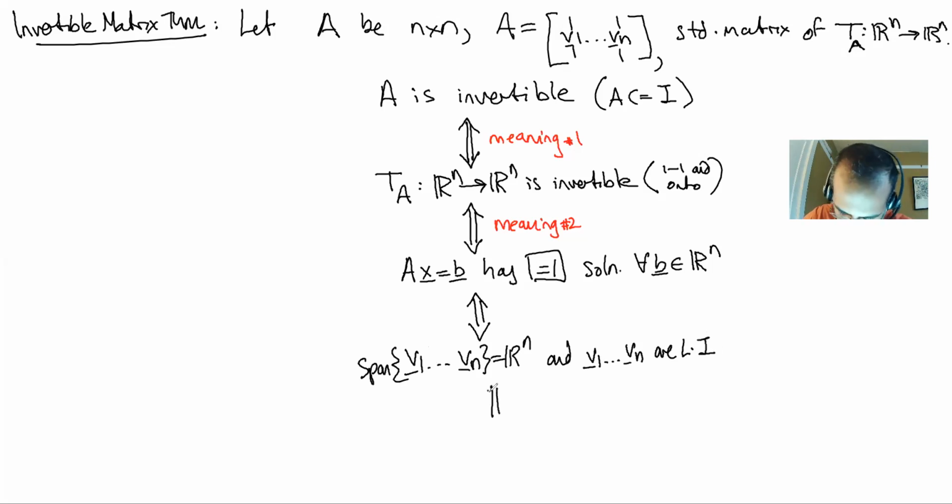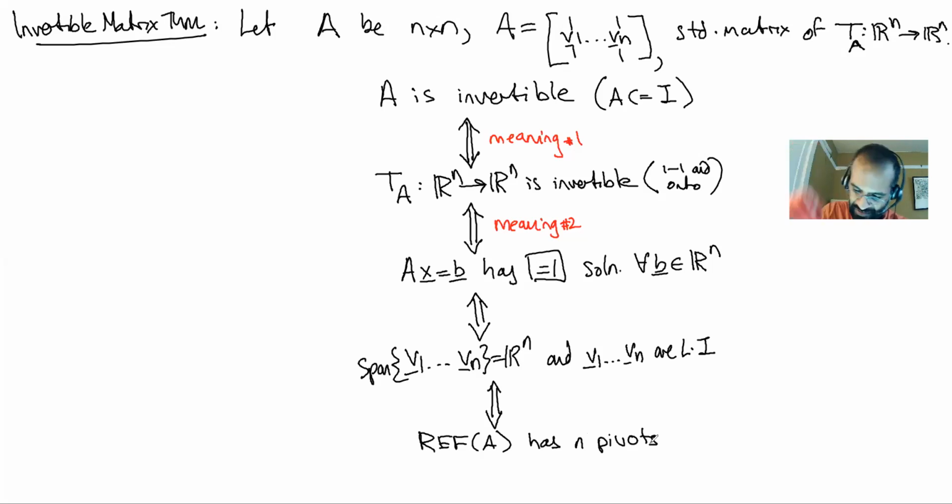And again, all of these are equivalent to the row echelon form of A having n pivots. Okay, so all of these things are equivalent. And notice that we have very different kinds of things in here.